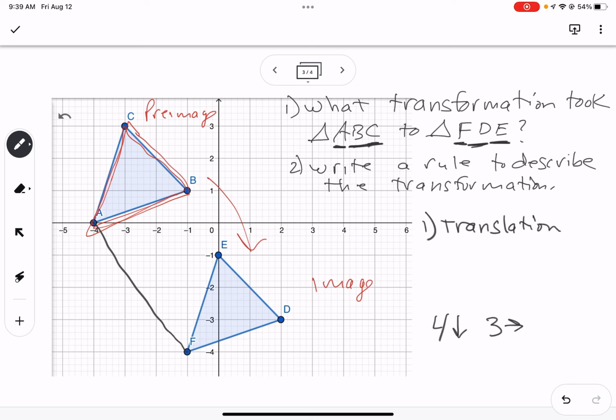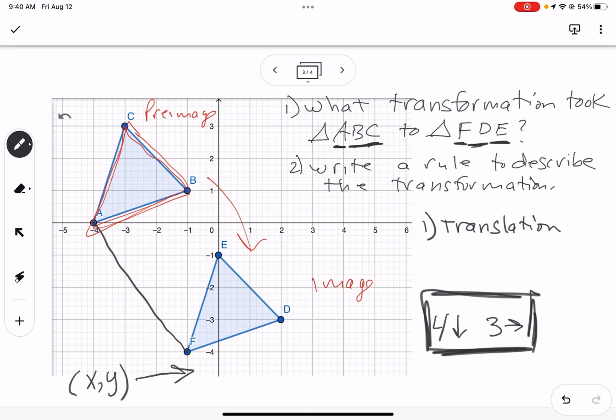And in number 2, it says to write the rule that describes the transformation. So to describe this translation, I'll write the rule down here. Every original x, y has to move this way, right? So how do I write that in transformation notation? My original points move to, every x is moving to the right 3.